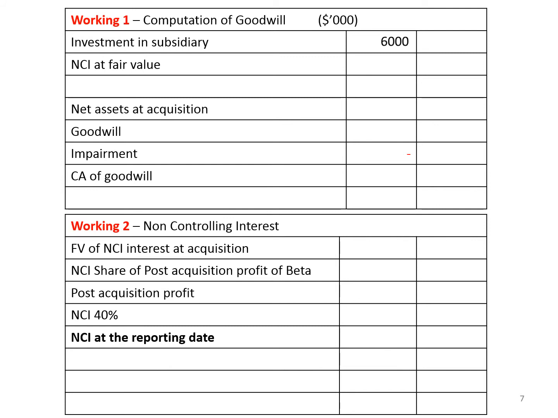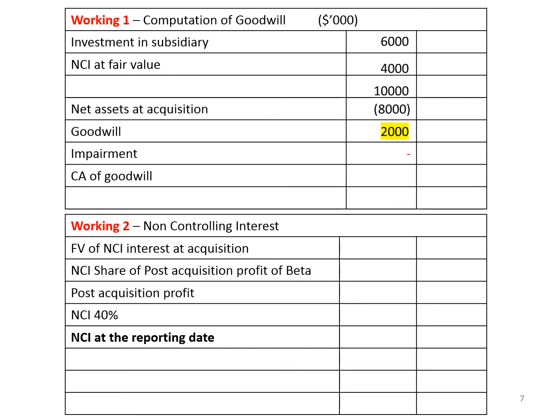You can find investment in subsidiary company 6,000, and you are given the non-controlling interest at fair value 4,000, so altogether 10,000. From this we deduct net asset as at the date of acquisition. We identified this in the previous slide. Net asset at the date of acquisition 8,000. So accordingly, goodwill is 2,000.